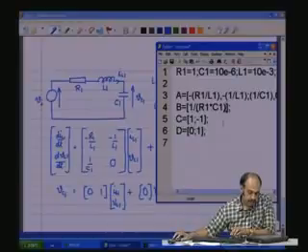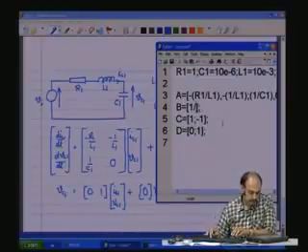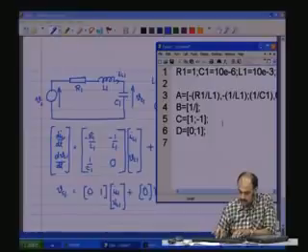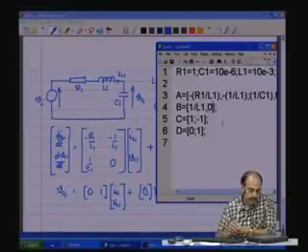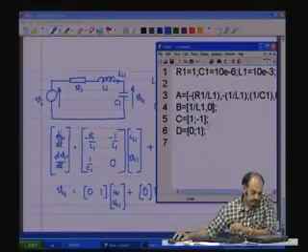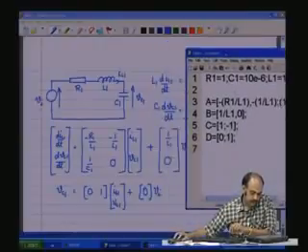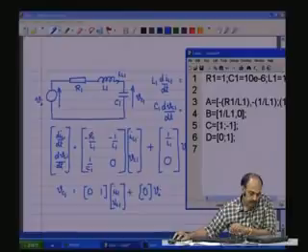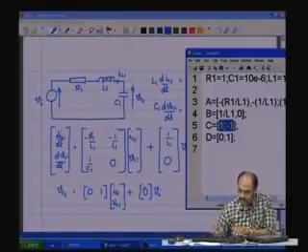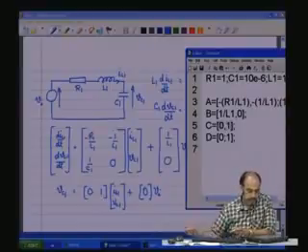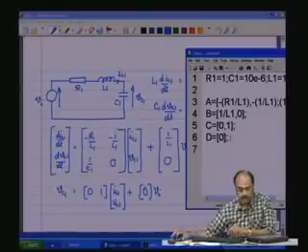Then for the B matrix, we have 1 by L1, comma, then 0. Isn't it? 1 by L1, 0. Then for the C matrix, we have 0, comma 1, and for the D matrix just 0.